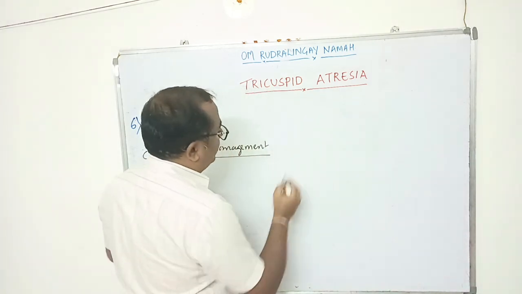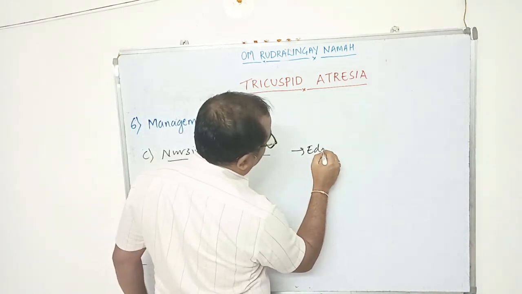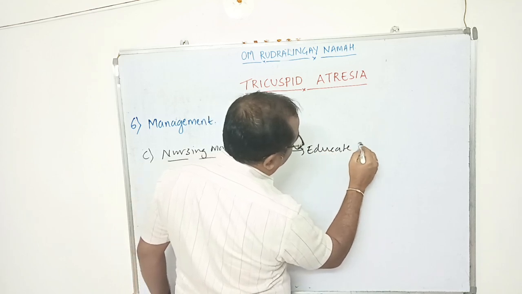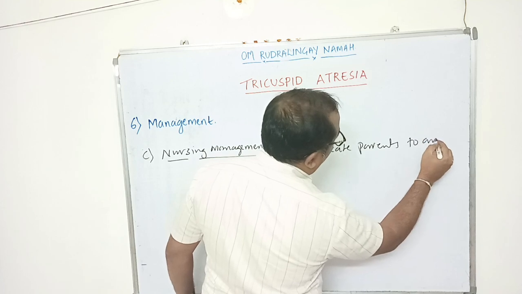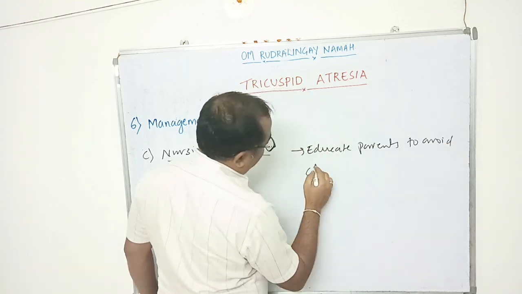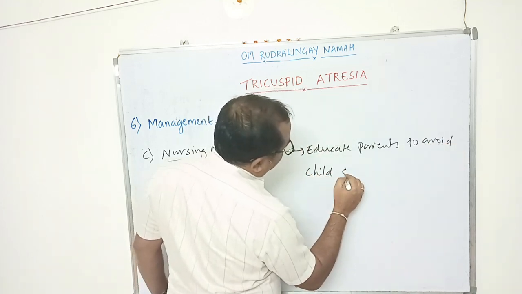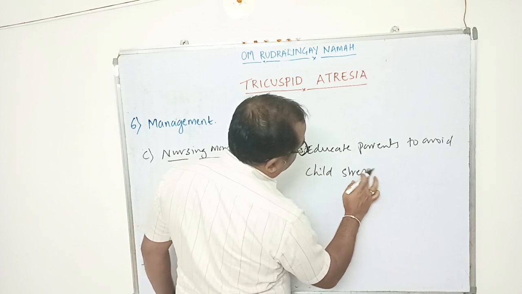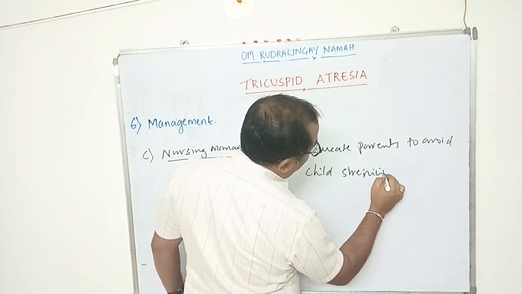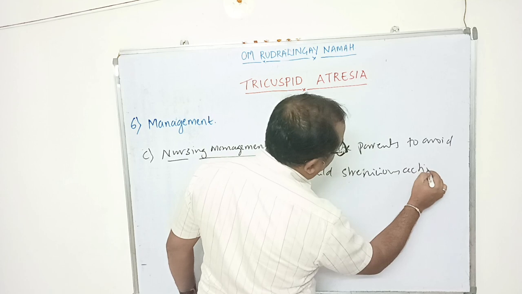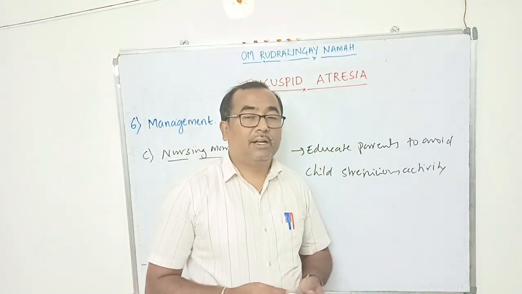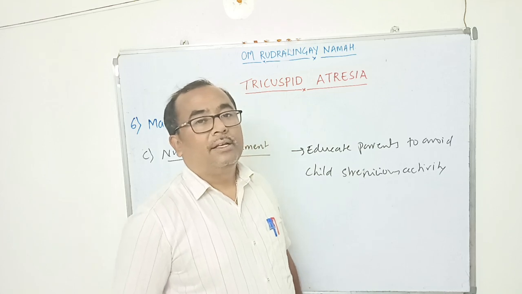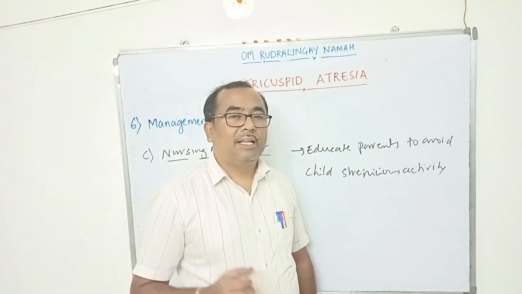Next, we have to educate parents to avoid strenuous activities for the child. Strenuous activities are those which cause strain and overload on the heart, like outdoor sports or weight lifting.